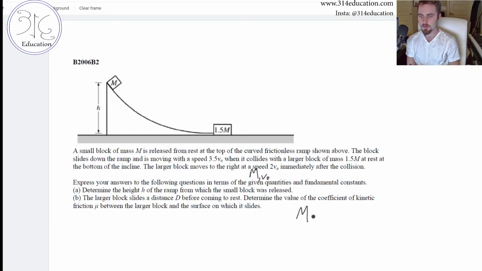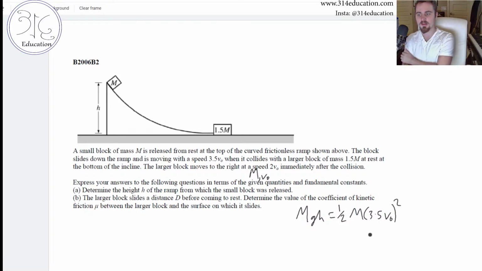In the beginning, all of the energy was potential energy, with the mass m times our acceleration due to gravity times h. And at the end, we're traveling with a kinetic energy, because we're traveling at a speed of 3.5 v naught.